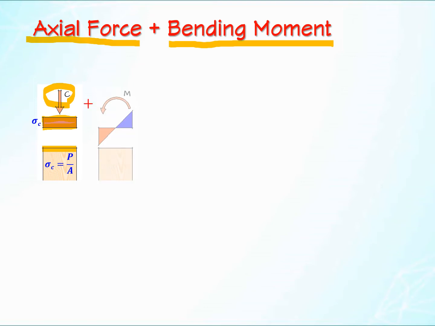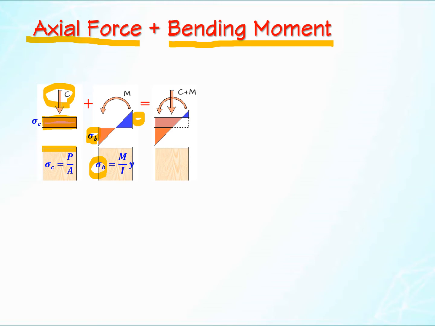And we assume the stress is uniformly distributed over the cross-section. In addition to that, the effect of bending moment will create this much bending compressive and tensile normal stress. On the compression side, compressive normal stress and bending normal stress will add up.